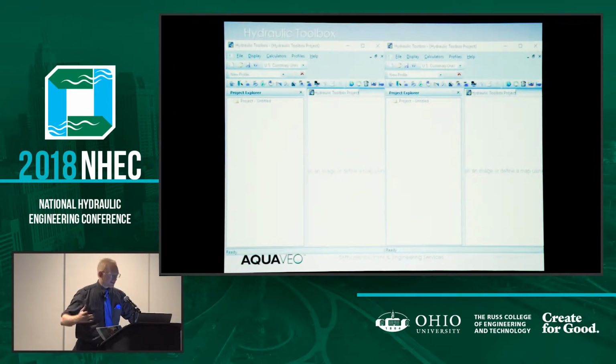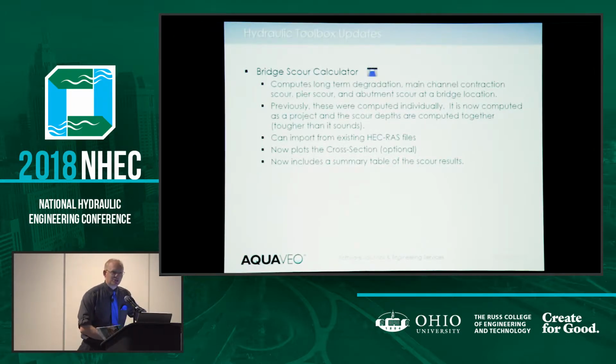For Hydraulic Toolbox, you might notice a common theme here. There's no big changes in the main interface. The Hydraulic Toolbox on the left is the old one. The one on the right is our new one. They're the same. But if you bring up the bridge scour calculator, which is used to compute long-term degradation, main channel contraction, pier scour, and abutment scour at a bridge location, previously these were all computed individually.